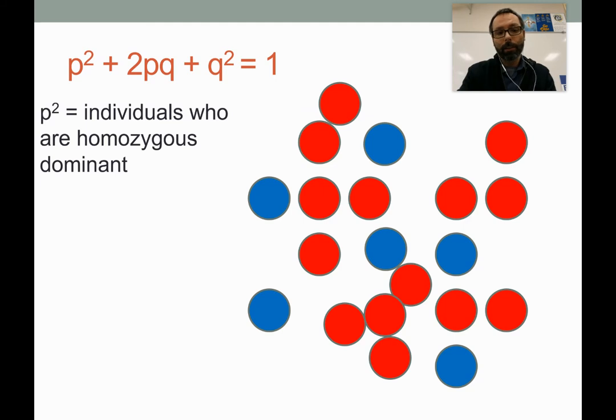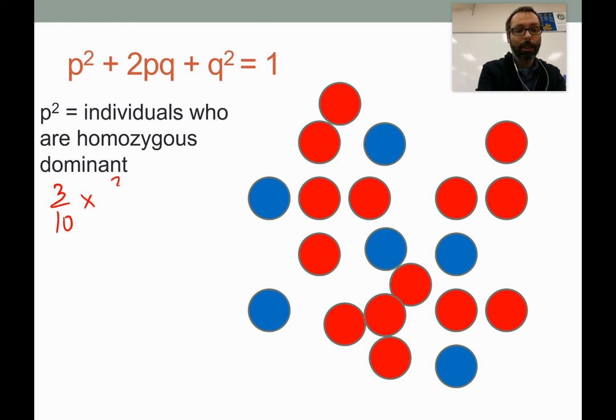The second one then gets a little bit more complicated, but that's because now we're going to be talking about individuals. We're not talking about alleles anymore. If we want to know the chances of having a homozygous dominant individual, we would have to reach into the bag twice, right? So the chances that I reach into the bag and get a dominant allele the first time is 3 out of 10. But I need to do that again. So what are the chances that I'll reach in there for another? It's 3 out of 10 again.